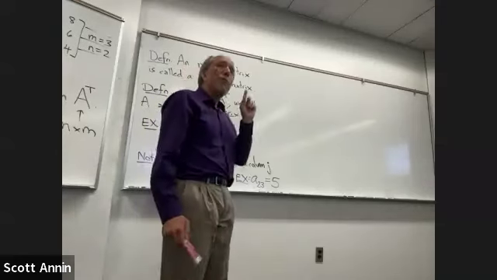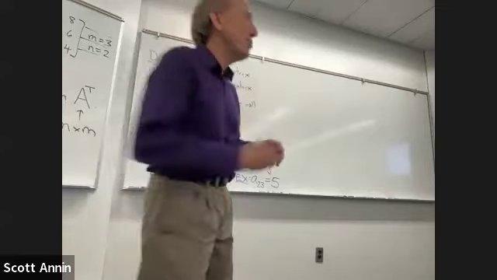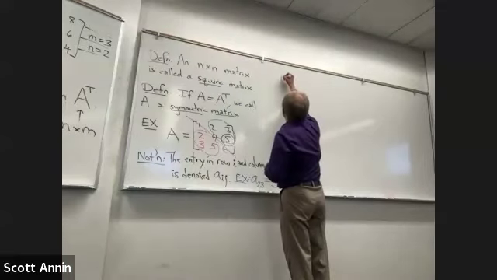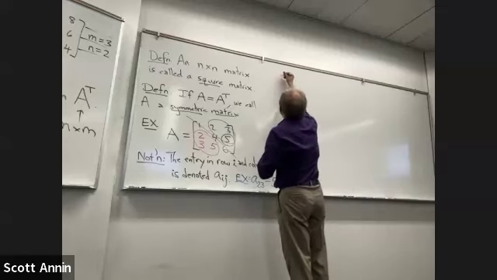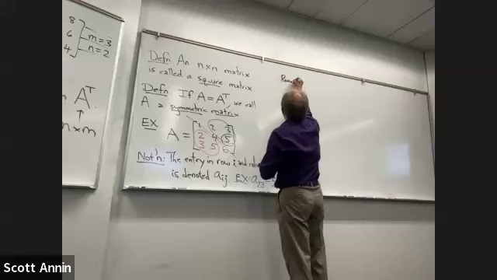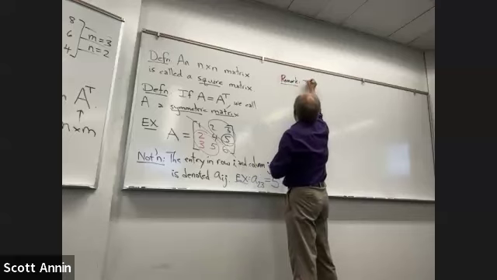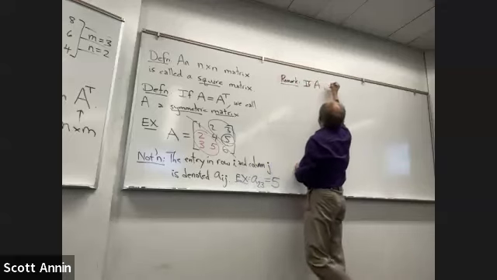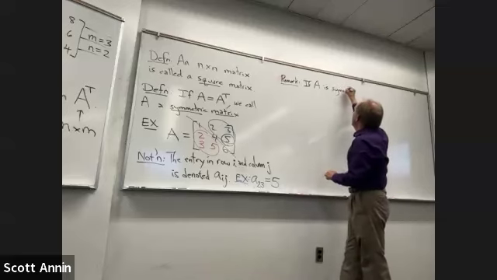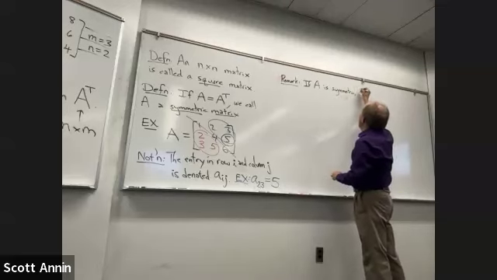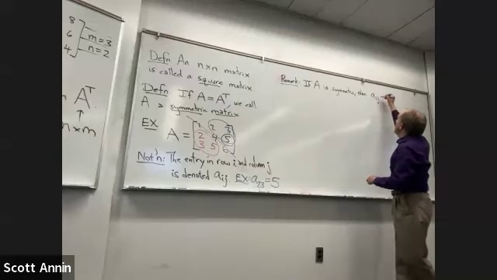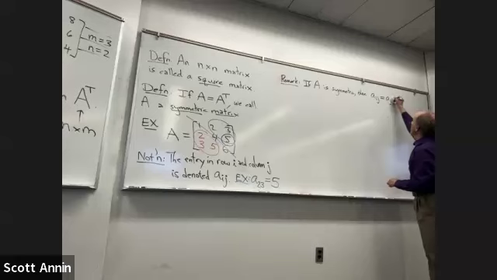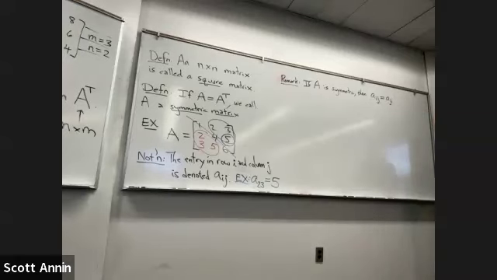And so for a symmetric matrix, this is a quick remark here. If A is symmetric, then does it look reasonable that the little a sub ij's are the same as the little a sub ji's?